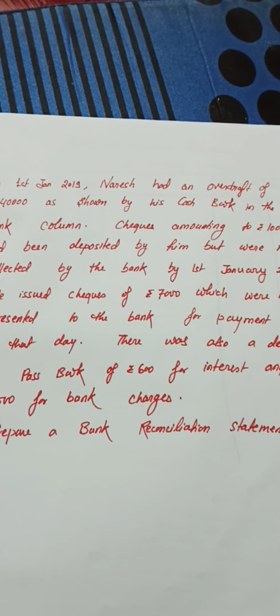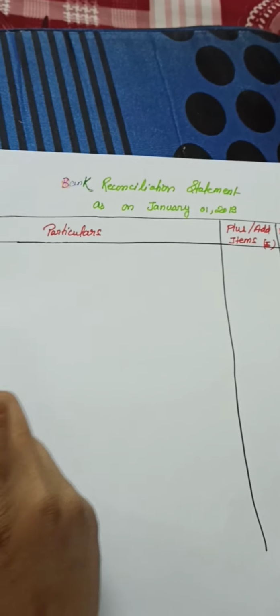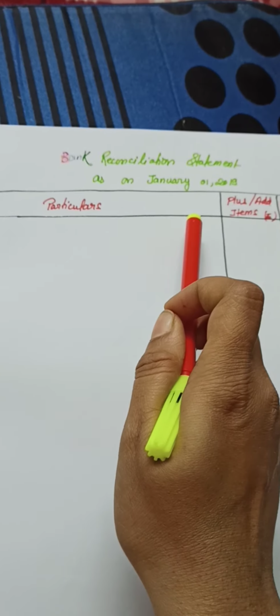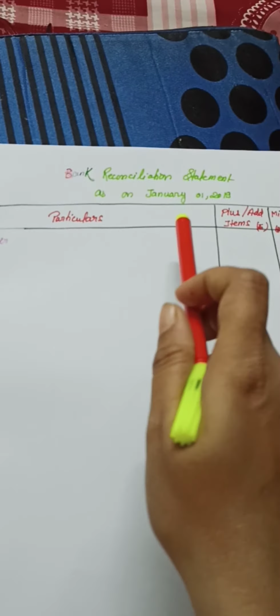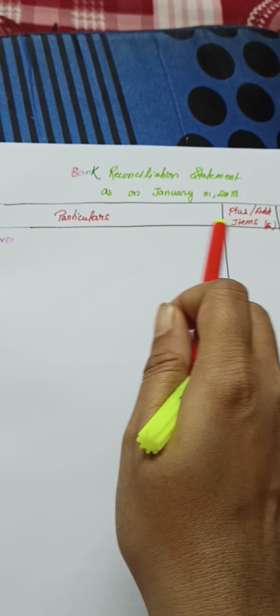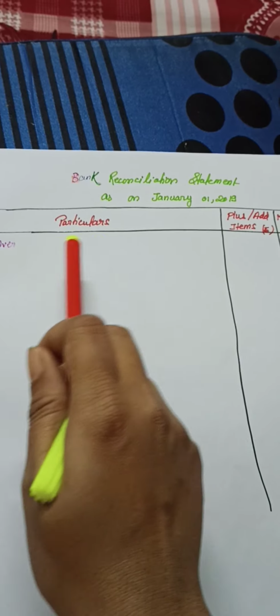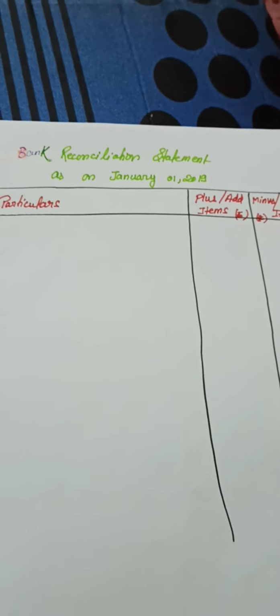See the question properly. Now I am going to solve the question. See the format. Bank reconciliation statement as on January 1, 2019. Serial number, particulars. This is a statement type of sum, so there is no need for any ledger folio and journal folio. Serial number, particulars, plus or add items, minus or less items.